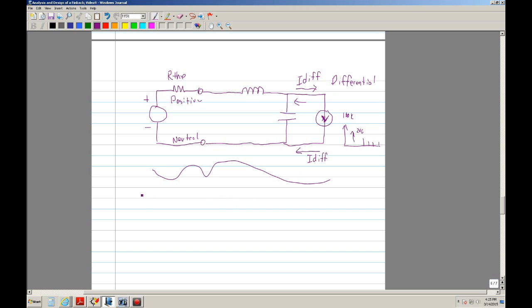So let's set that: you want an impedance that gets smaller with frequency.